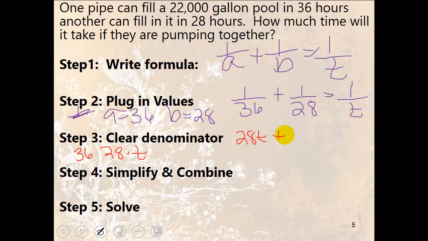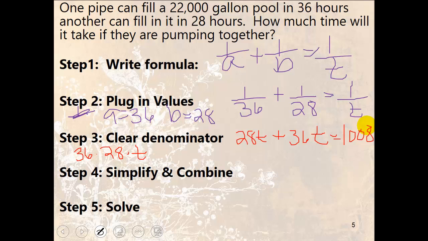When I multiply the second term, my 28's are going to cancel out, so I get 36T. And then my last term, my T's are going to cancel out and I get 1,008. That's what it means to clear that denominator. Multiply everything through by the least common multiple of the denominator.